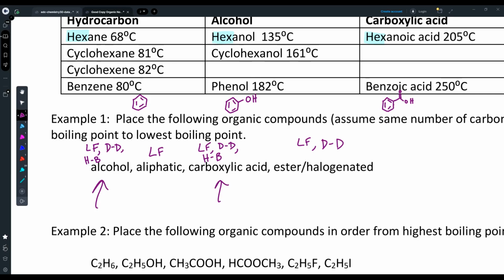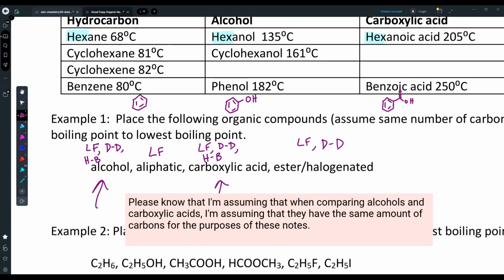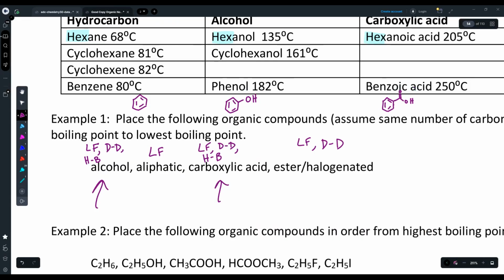Since carboxylic acid compounds tend to be more polar, they have stronger dipole-dipole attractions compared to alcohols, and they're typically larger compounds just because they have the COOH compared to just the OH in alcohols. That's why the carboxylic acid is going to have the highest boiling point. So I'm going to put it as number 1.